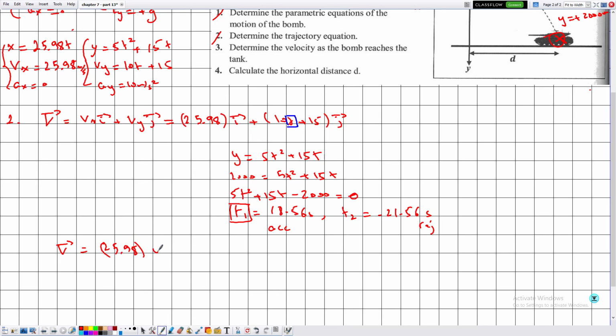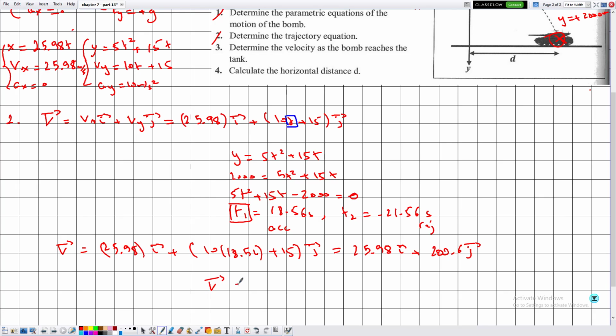25.98 i plus 10 multiplied by 18.56 plus 15 j. So 25.98 i plus 200.6 j.